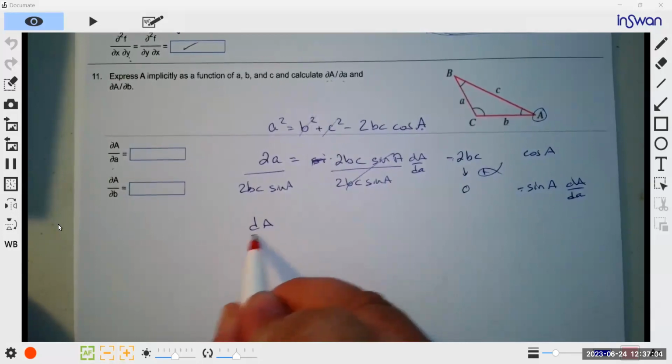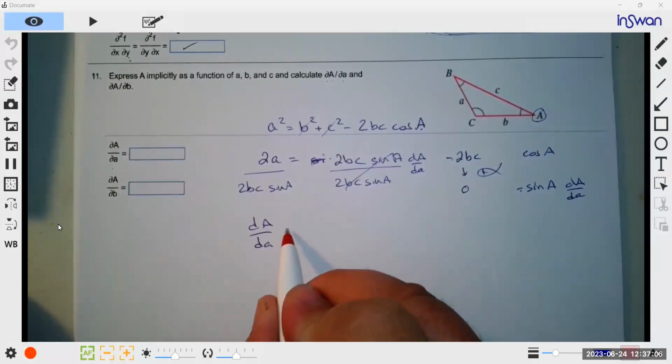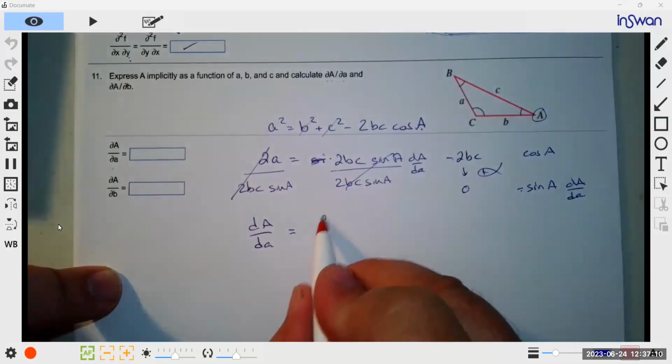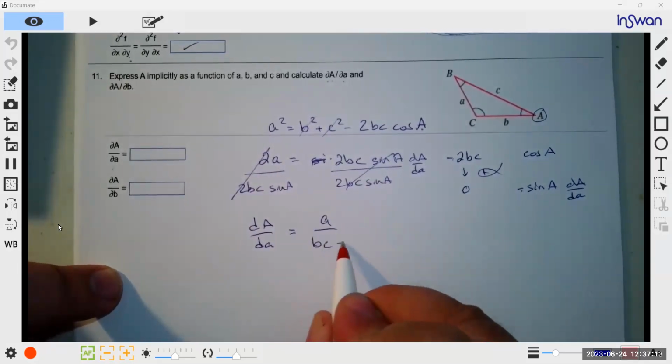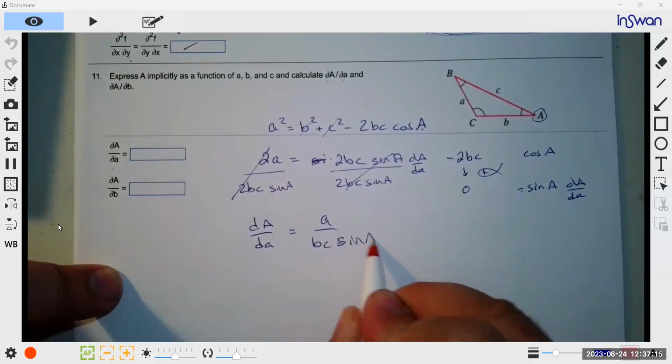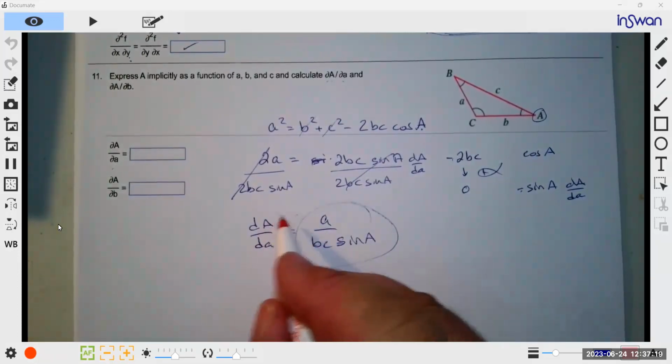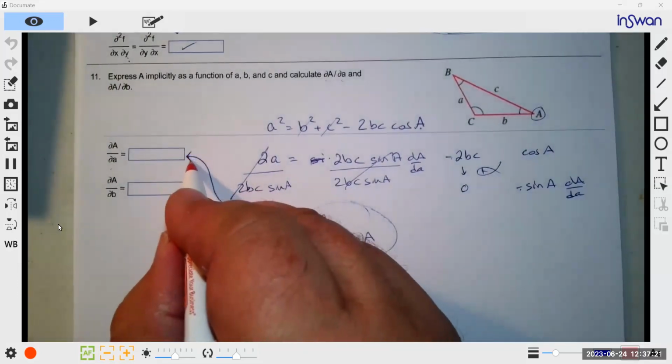So dA/da is equal to a over bc sine A. That is the first one.